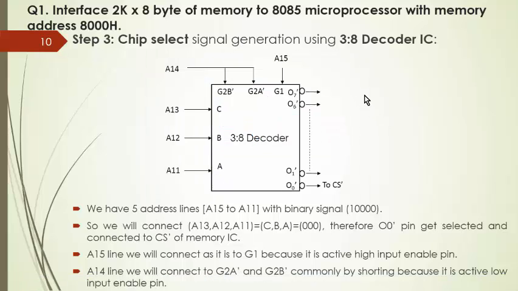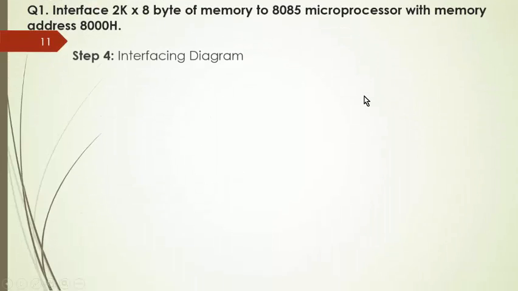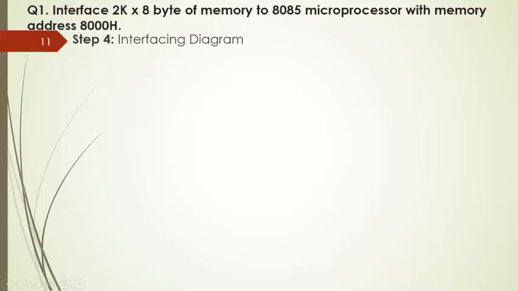A15 will be connected as it is to G1 because it is an active high enable pin, and A14 we will connect to G2A bar and G2B bar commonly by shorting, because they are active low enable pins.